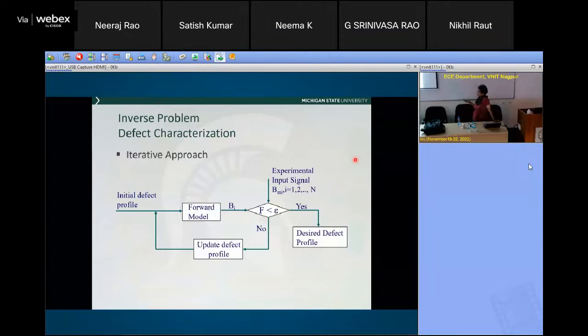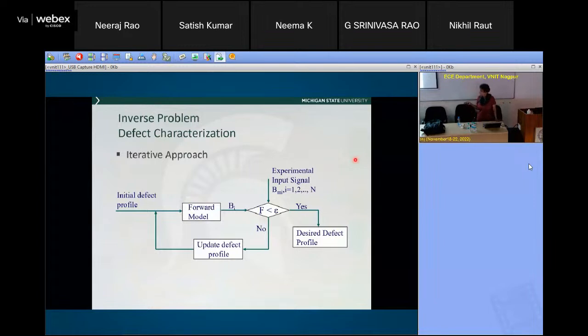Then you have an experimental signal. You compare the experiment and the model prediction. If the point by point difference is less than some epsilon, I will say whatever defect profile went here is your desired one. If this signal is very different from what the model is showing, you update your defect profile and go back to the forward model. So it's an iterative approach.